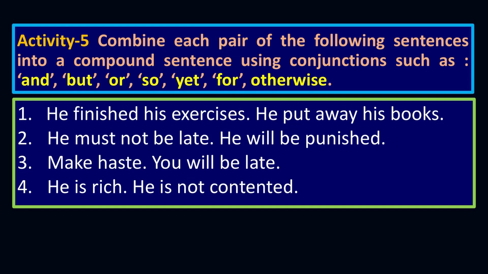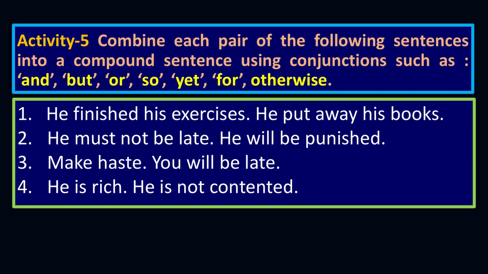Combine each pair of the following sentences into a compound sentence using conjunctions such as and, but, or, so, yet, for, otherwise, right. Let me read out the questions first, then we will discuss the answers, right. So, he finished his exercises, he put away his books.